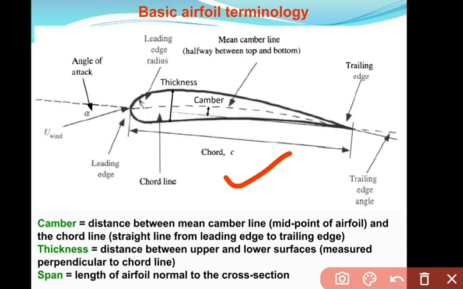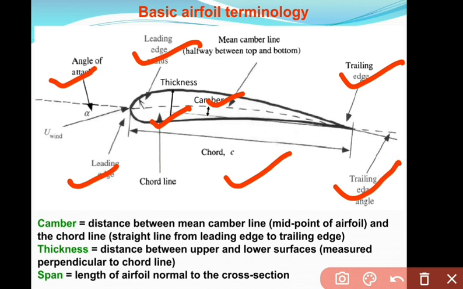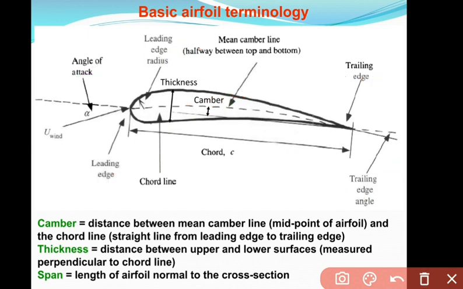This is the chord. Here you can see some terminology: leading edge, trailing edge, chord line, chord length, angle of attack, leading edge radius, camber, trailing edge angle. One by one we will discuss.